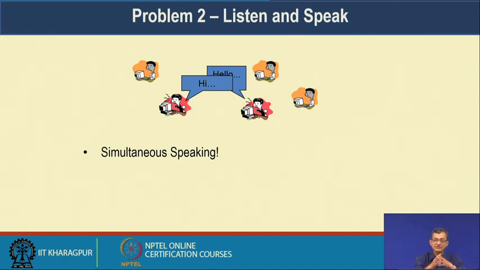So, there will be a collision, and we need to speak out again what we were saying, which results in retransmission. If there is retransmission, then there is a loss of bandwidth. In a given time, how much could you have transferred?